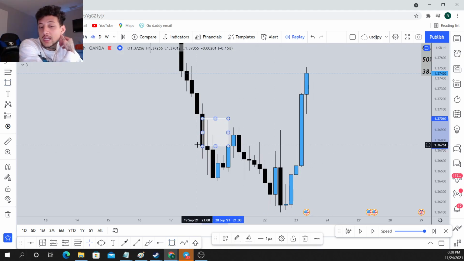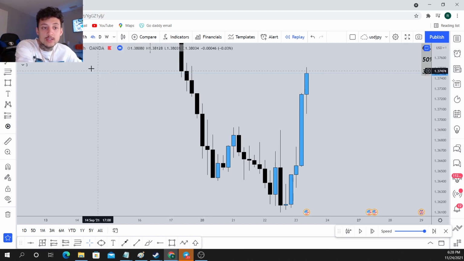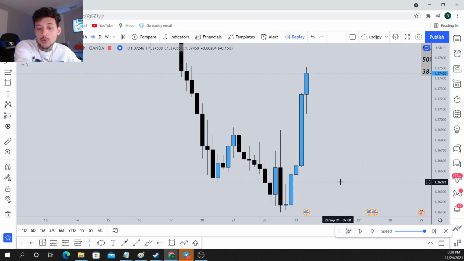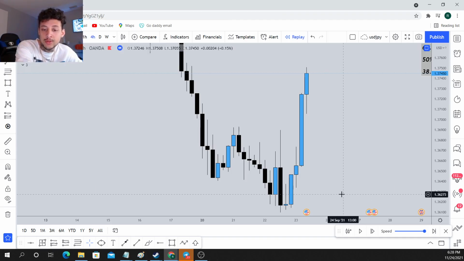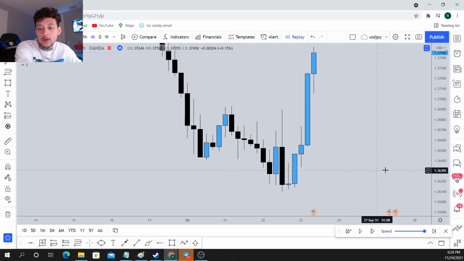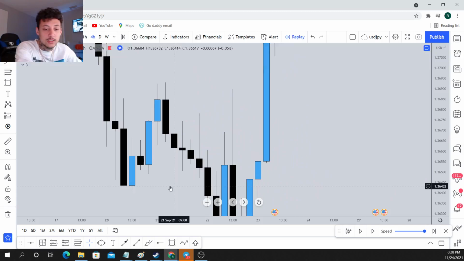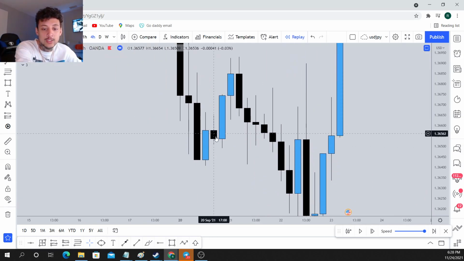In a situation like this, we refer to these as doji candlesticks, meaning that it's a little bit more on the indecisive side. It can also be considered a little bit on the neutral side of things. Now what I want you to notice is this candlestick here.